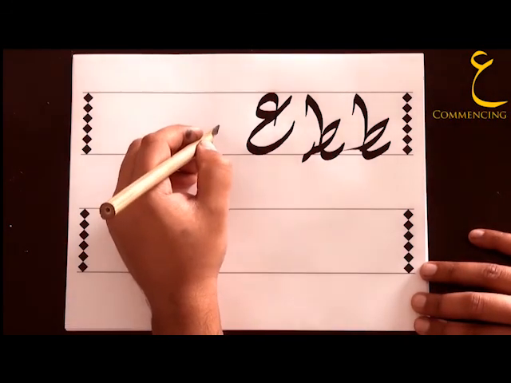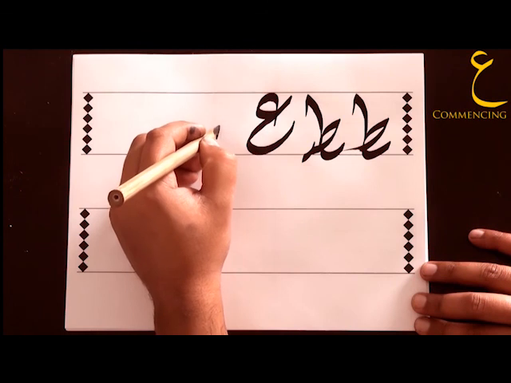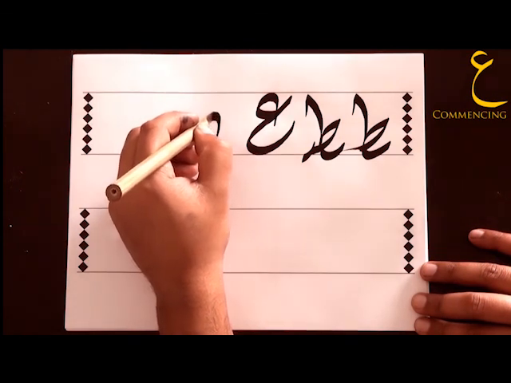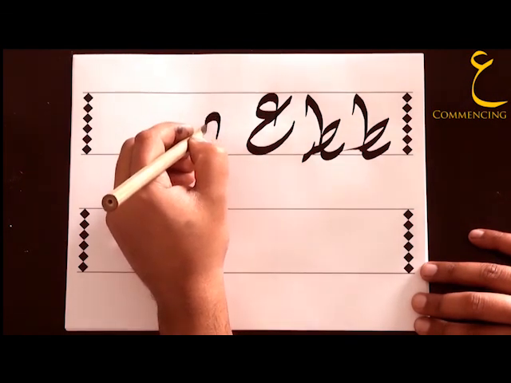When Ain appears at the beginning of a module, it is just like the initial part of the individual letter.